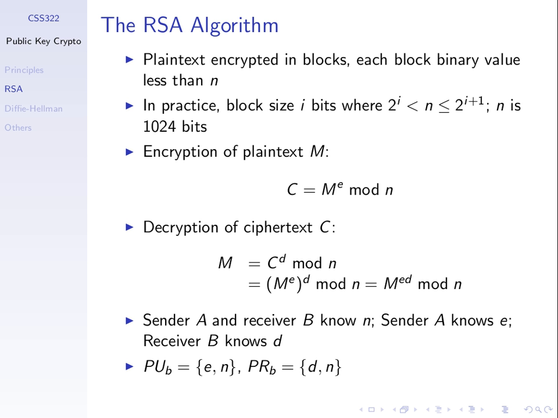Let's replace a with m: m to the power of the totient of n plus 1 mod n equals m. Euler's theorem tells us this is true.